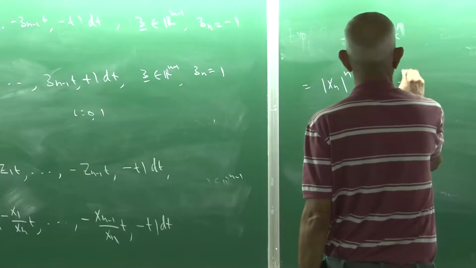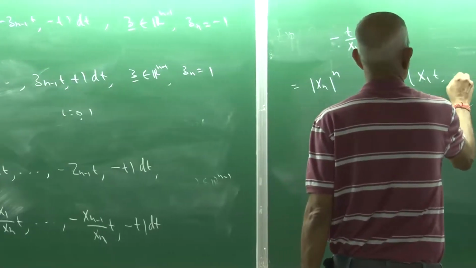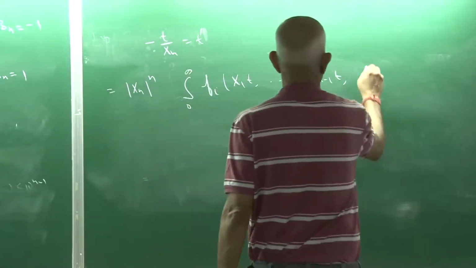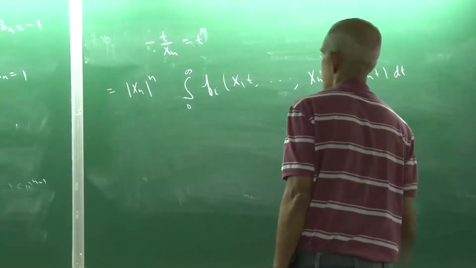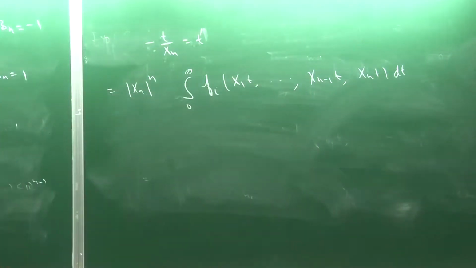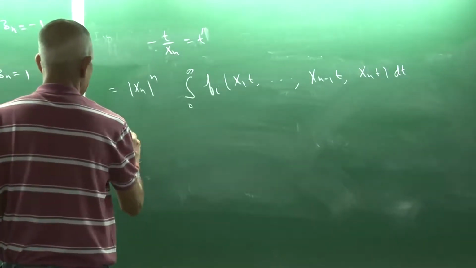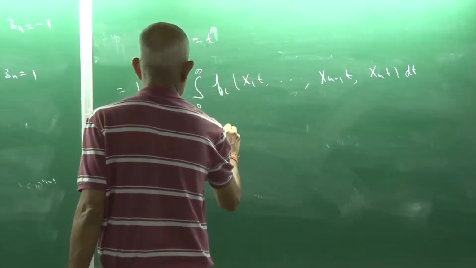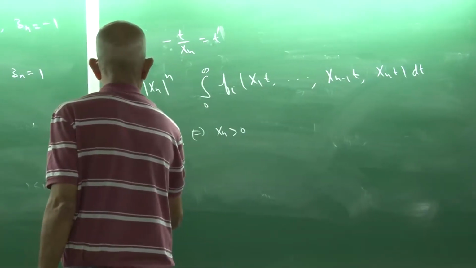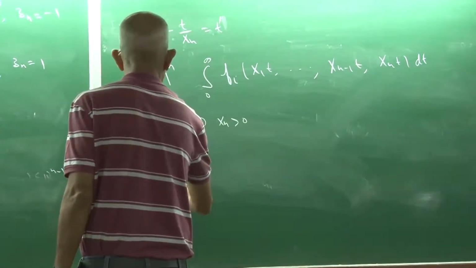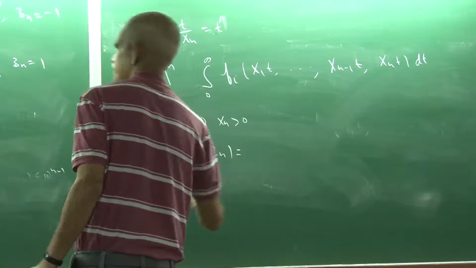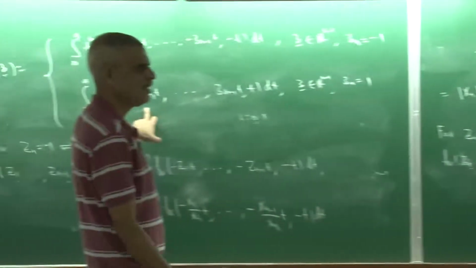So phi of x1 t, ..., xn minus 1 t, and minus t is the same as xn t. Under zn equal to 1, you also get the same thing. That is equivalent to xn being positive, h1 of z1, z2, ..., zn minus 1, zn. I do the same thing, x1 upon xn, but here xn is positive.